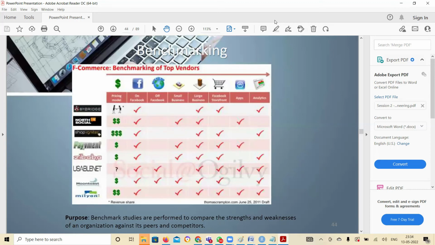Let's say you are 8th Social, so you put 8th Social in the first row, first column. Then you put other companies, competitors, against which you want to compare. So you start putting them down there.